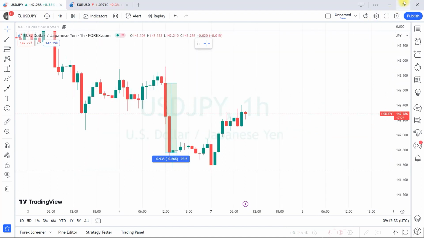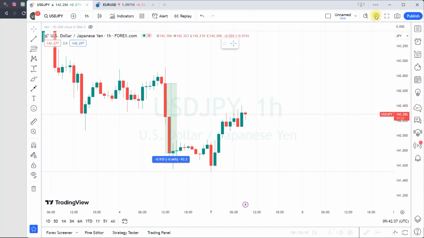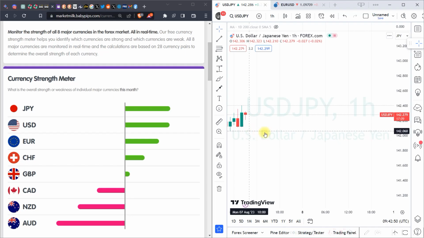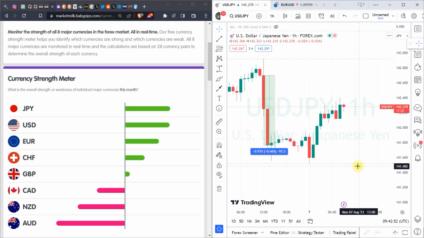Looking at the strength meter now, you can see the Japanese yen is the strongest currency.